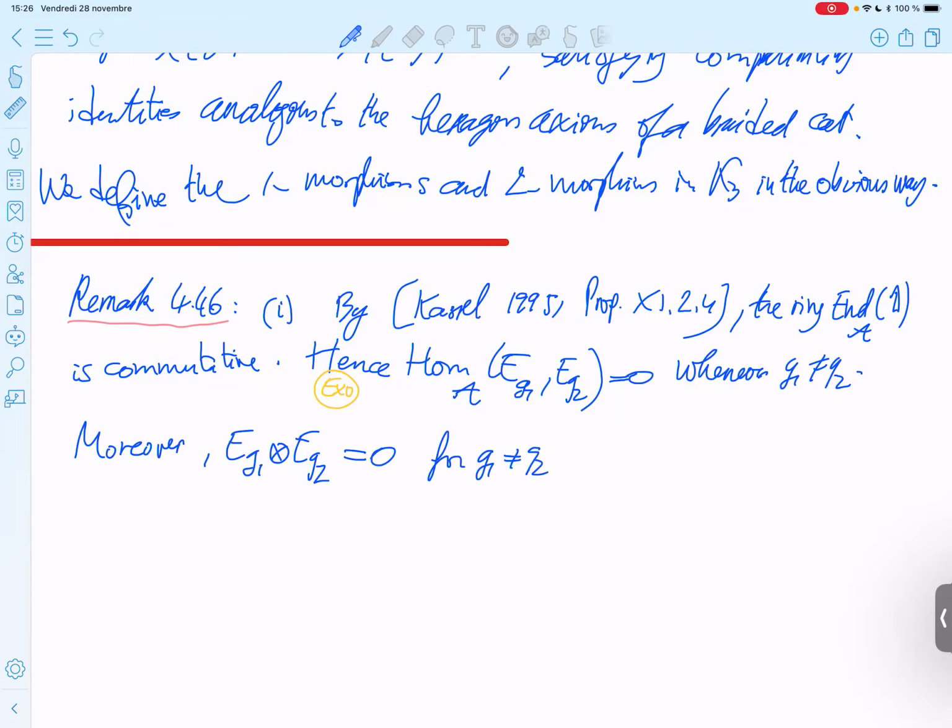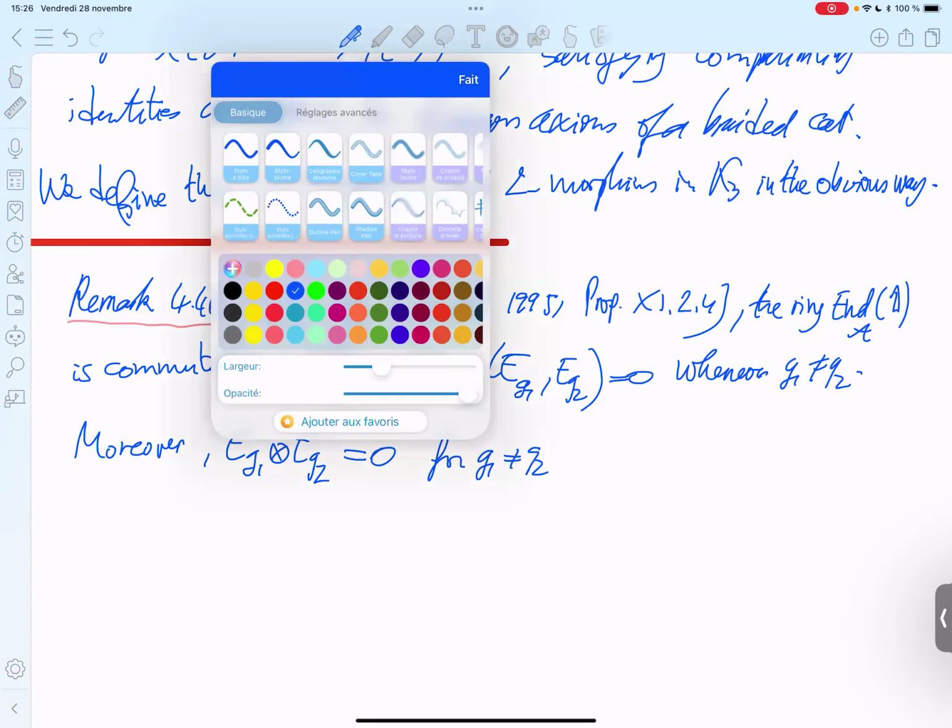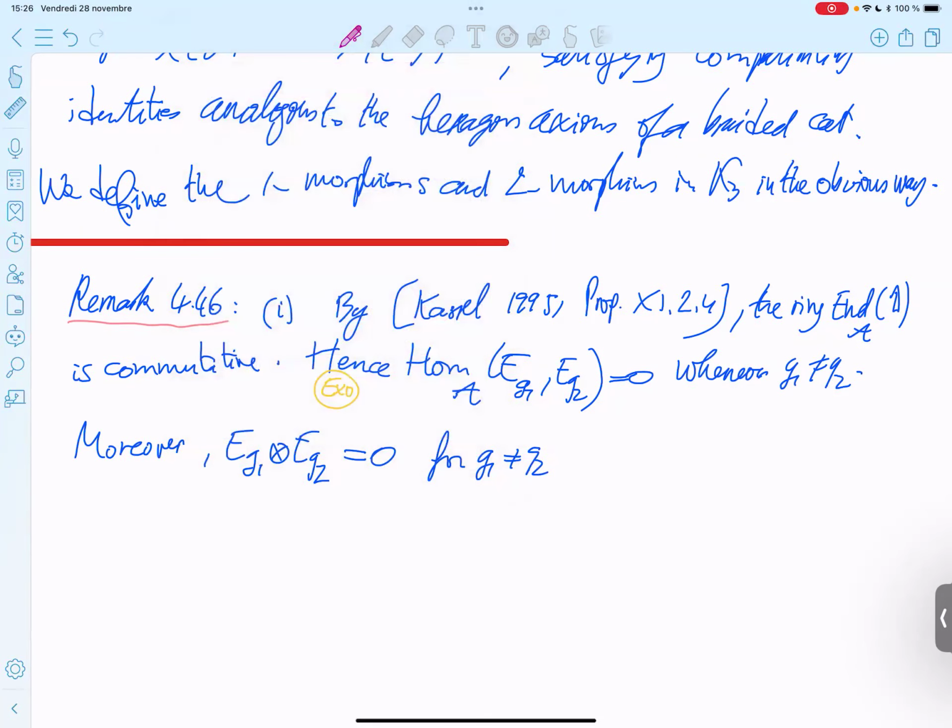And we will consider that later, so let me put a little star because we will refer to that later. If you want to see the details, you have to go to the book by Christian Kassel. I guess this is a book called Quantum Groups. Famous book.